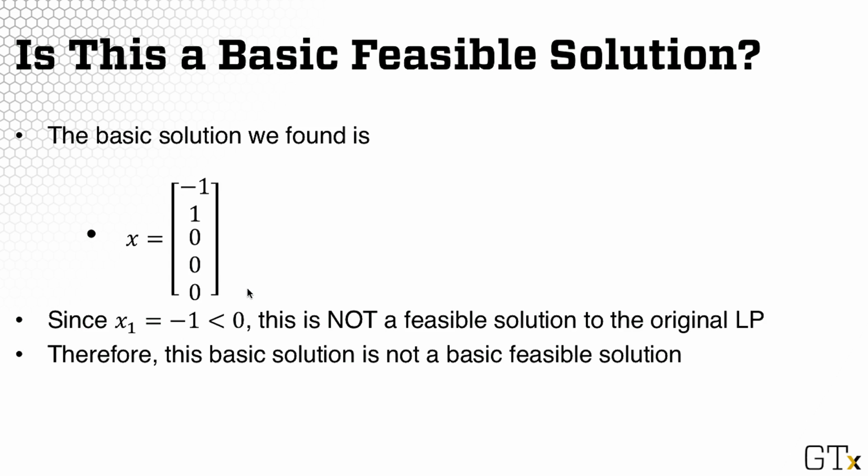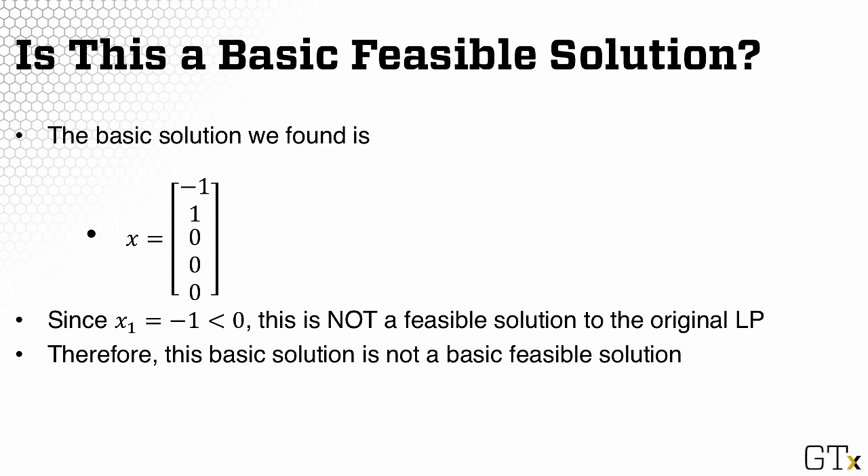Okay, so you see that the procedure is the following. First, we pick m linearly independent columns from A. In this case, A has 2 rows, so m equals 2, we pick 2 linearly independent columns to form a basic solution.